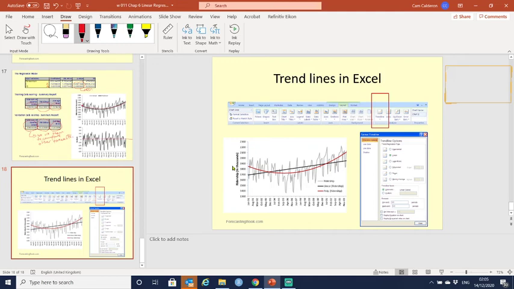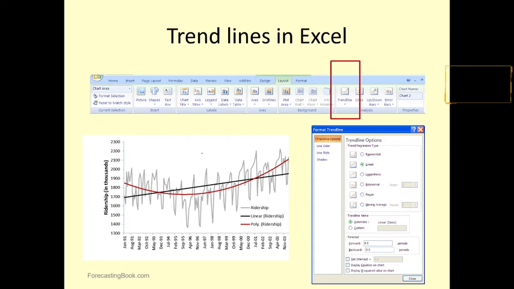So in Excel, very quickly, you have the possibility of calculating a linear regression, as you can see here, the exponential function that we covered, and as well a polynomial. These polynomials use quadratic functions, cubic functions when they are to the power of 3, and equations to the power of 4.